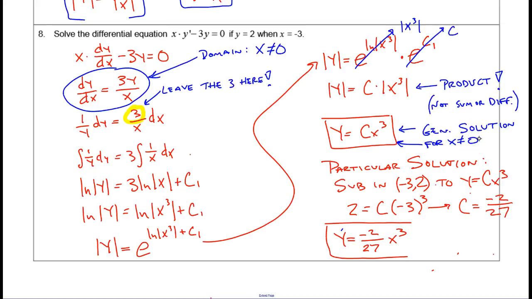I don't have to restrict it to one side or the other for my general solution because it's a family of curves. Now for my particular solution, I have to pick a single open interval where the graph of this solution curve is continuous. Because my x value was negative 3, I'm going to say for x less than 0. And now that solution is correct.